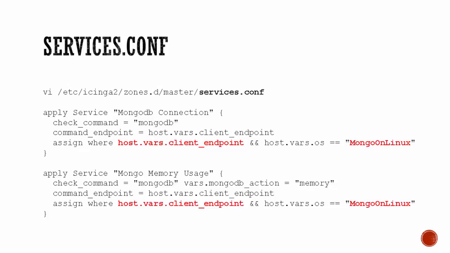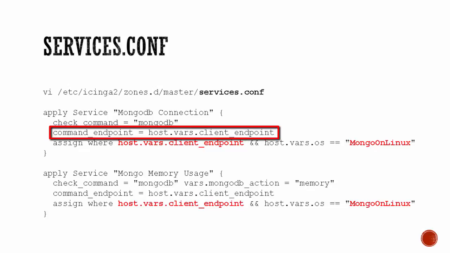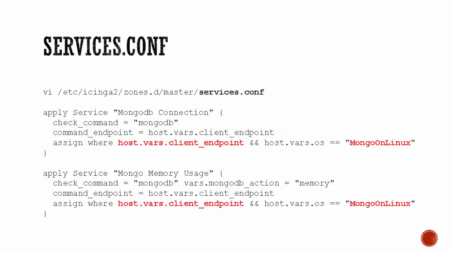More commands can be found in the link provided in the description of this video. The most important parameter is command_endpoint. This tells Icinga where to execute this command. In this case, commands will be executed at the clients we defined in the clients.conf.